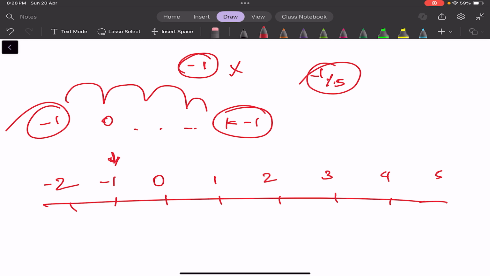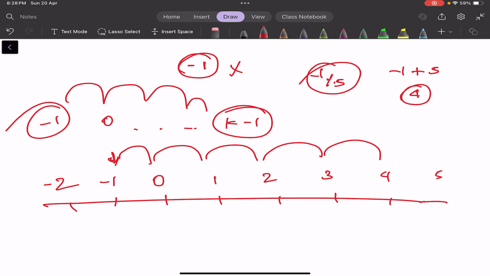So what I will do is add negative 1 with 5. Now it moves ahead: 1, 2, 3, 4, 5. So the value is 4, right? So 4 is my modulo. This is how you handle negative numbers so that the values will be between 0 and 5, right?